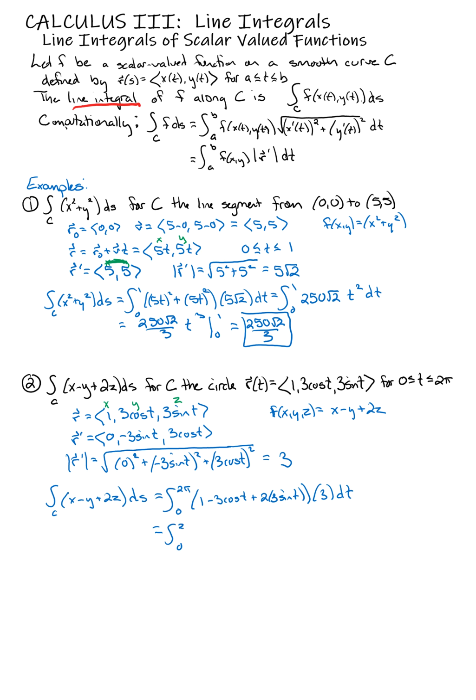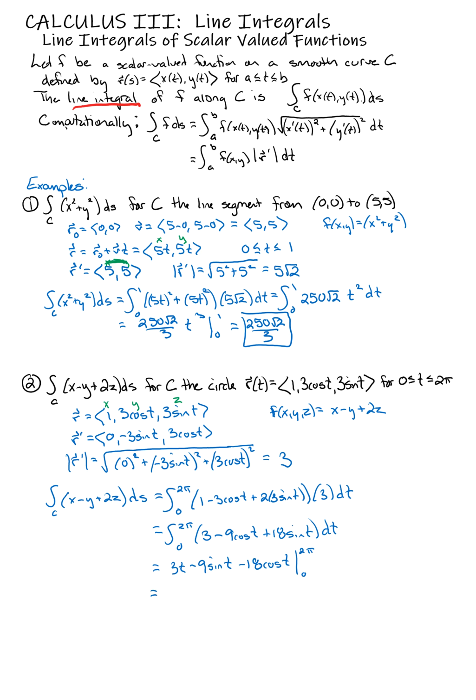If we simplify all of this, we end up integrating 3 minus 9 cosine t plus 18 sine t dt, which integrates to 3t minus 9 sine t. Be careful, we're integrating, not differentiating this time. Minus 18 cosine t, evaluated from 0 to 2 pi.